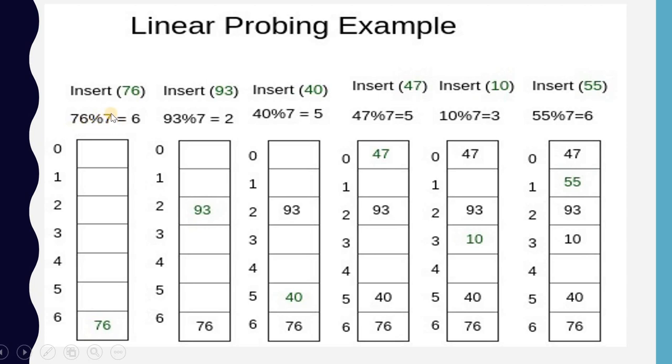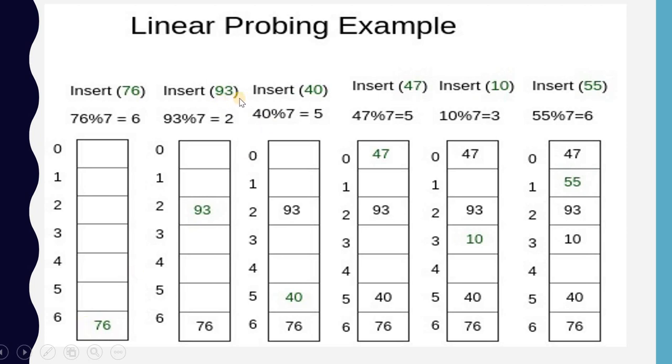Here the size of the table is 7, so it can occupy a maximum of 7 elements. 76 mod 7 is 6, so 6 is the index in the hash table. This is your hash table, and now 76 is inserted at location 6.